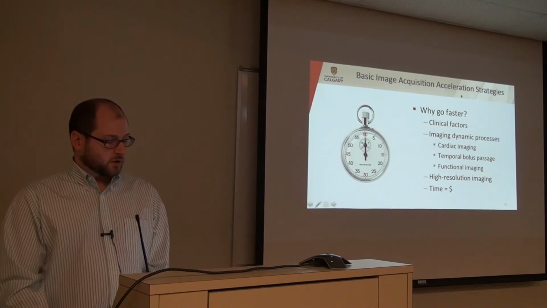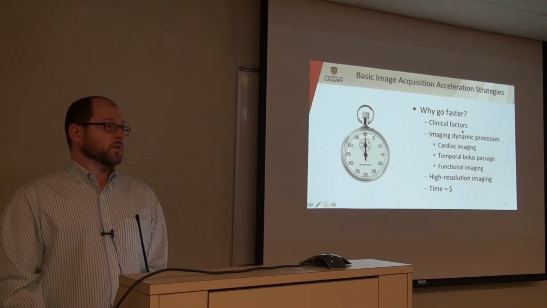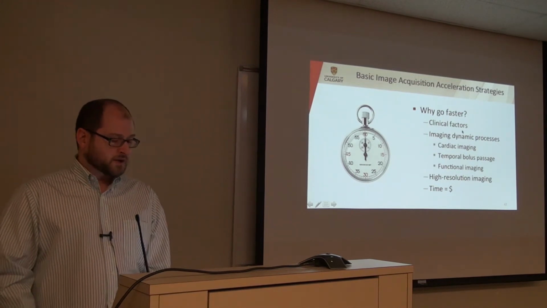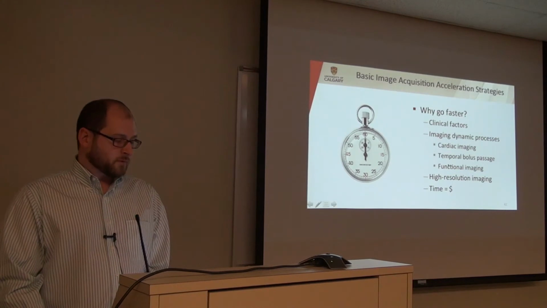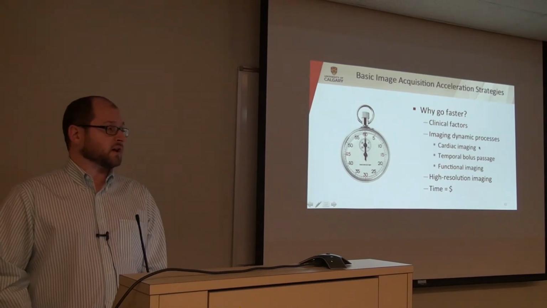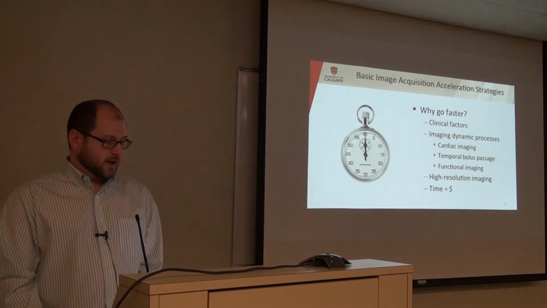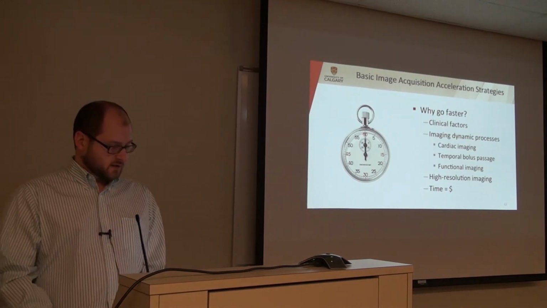There are also certain dynamic processes, such as cardiac imaging, where you want to measure the contraction of the heart in real time. You could be following the passage of a gadolinium bolus that you need for angiography, so you have a limited window for when you can acquire your images.